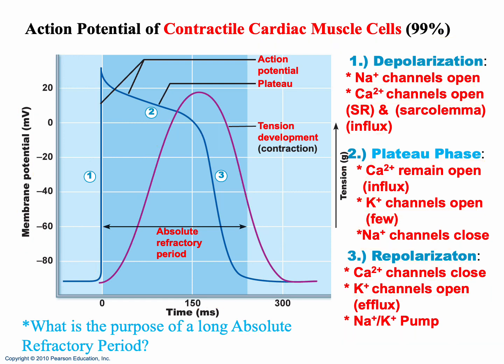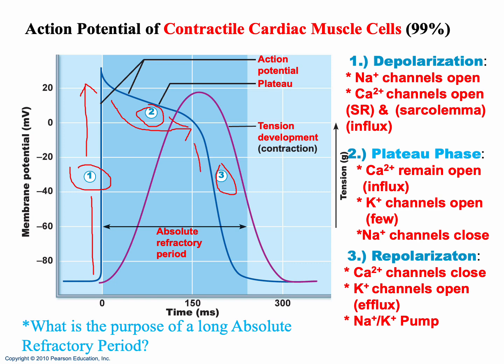So there's a lot going on here. The big things you need to know off this graph, if I were to give you a graph like this, you need to be able to label these 3 main stages on the graph, right? So number 1 is referring to depolarization, which is pretty much this part of the graph. 2 is the plateau phase, so you need to be able to identify that.